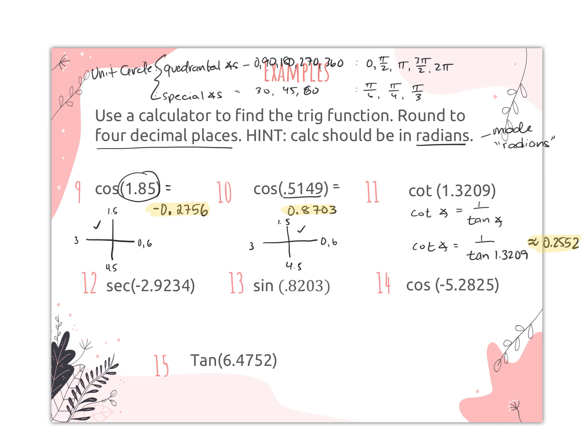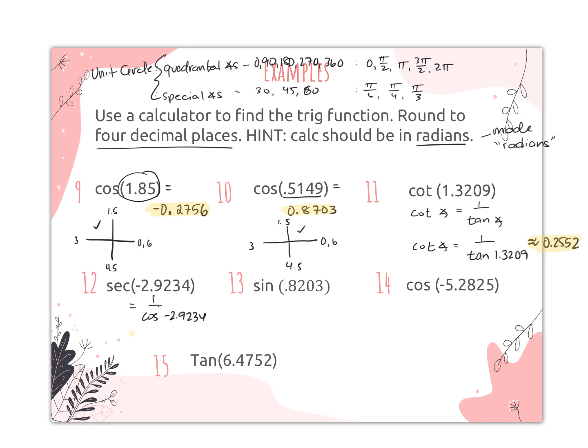Again, secant of negative 2.9234 radians. I know that the secant is equal to 1 over the cosine of that exact same number. And guys, be really careful when you're typing this into your calculators: 1 divided by the cosine of negative 2.9234.